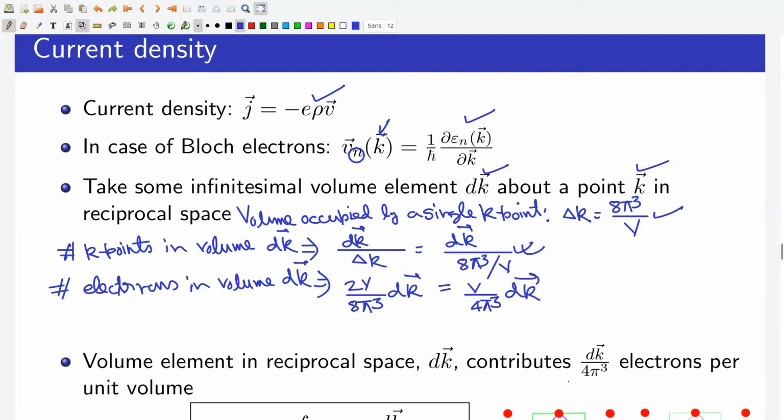Thus, an infinitesimal volume element in reciprocal space dk contributes dk divided by 4 pi cubed electrons per unit volume.